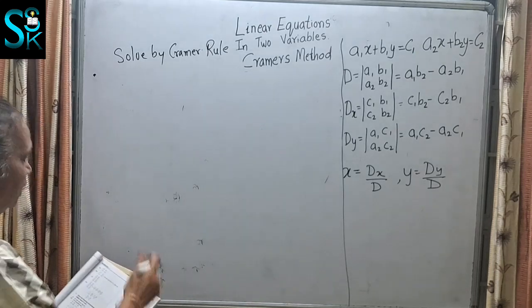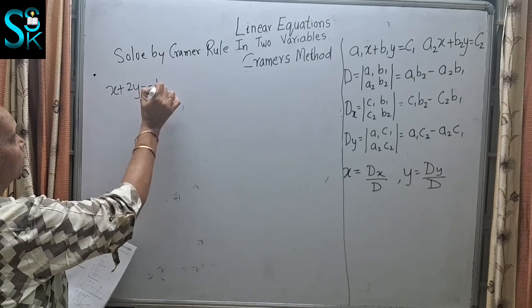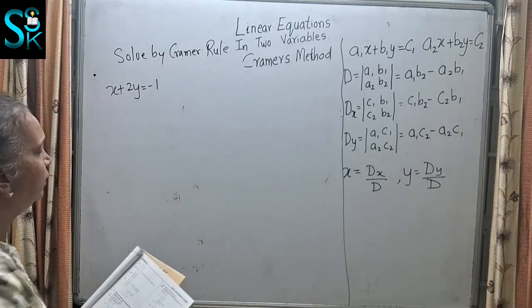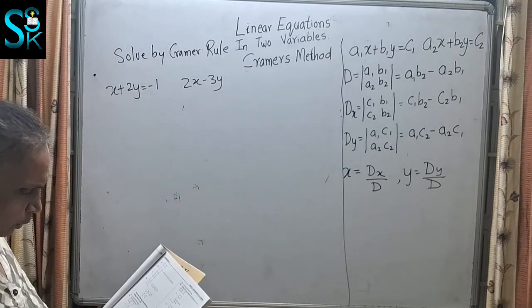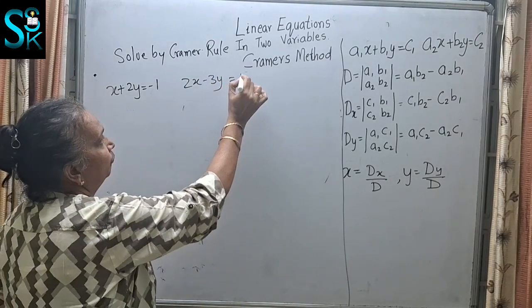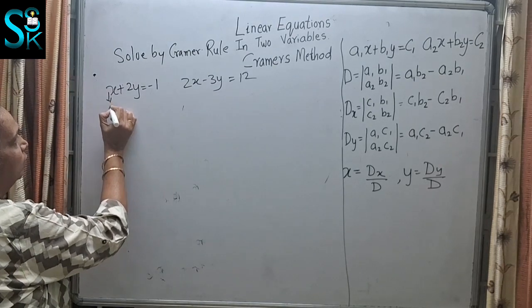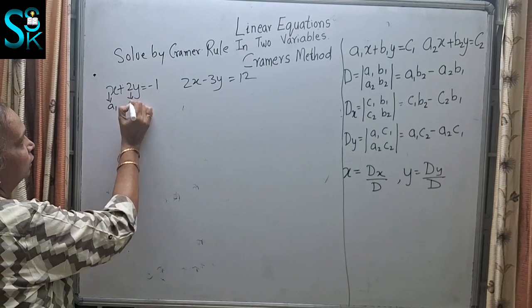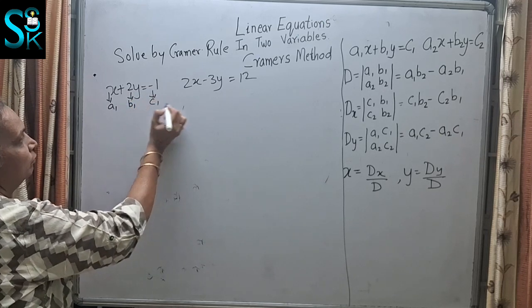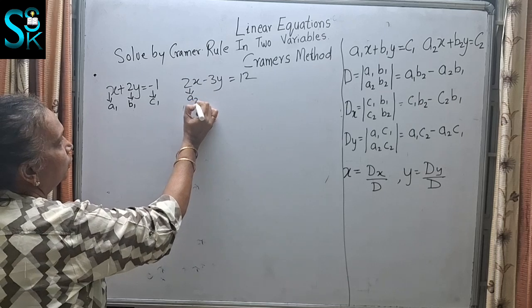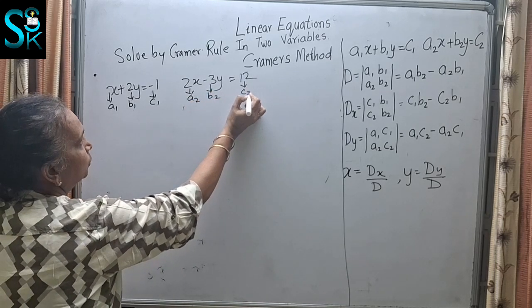The sum says x plus 2y is equal to minus 1 and 2x minus 3y is equal to 12. Okay. So make it a habit of writing. This one will be your A1, this is your B1, this is your C1. This is your A2, this is your B2, and this is your C2.